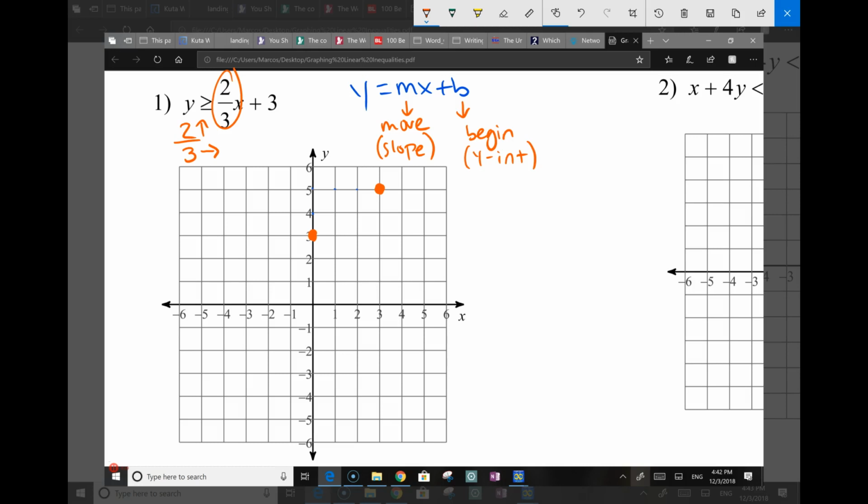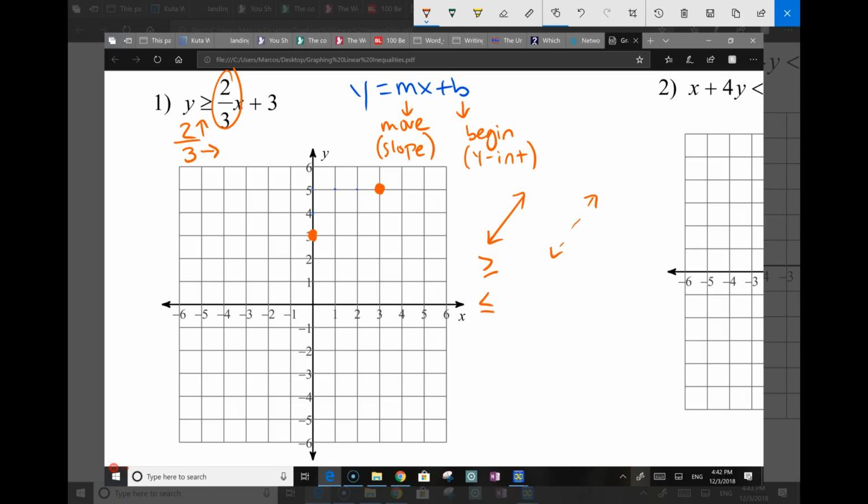The line that you create will be one of 2 types. It will be either a solid line, or it will be a broken line or a perforated line. The way you tell is by the inequality. So for solid lines, you'll have greater or equal, less or equal.